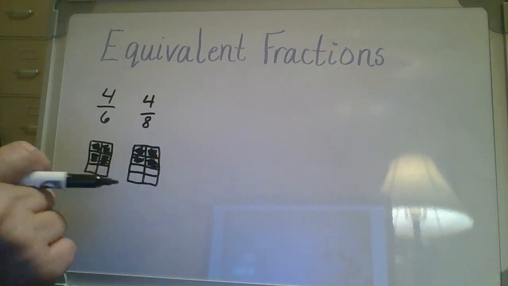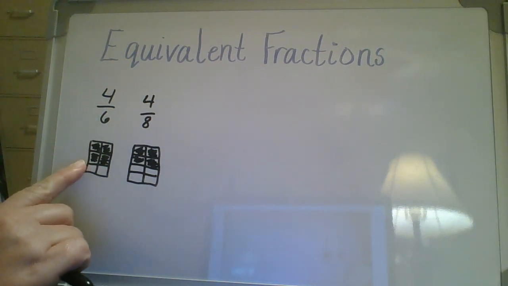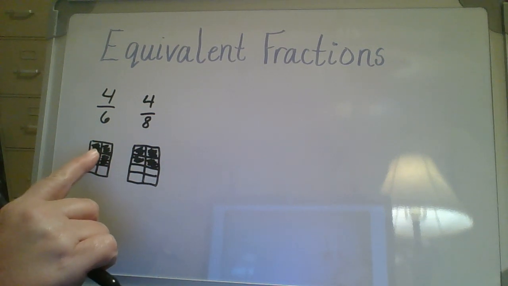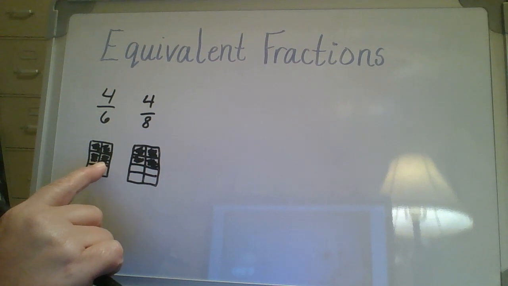If I had fraction circles or something that I could show you, and I cut these off right here, and I laid these 4 boxes on top of these 4 boxes, these 4 boxes take up more space or more area.